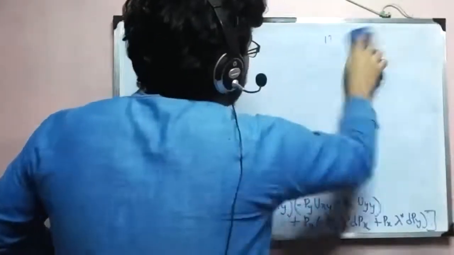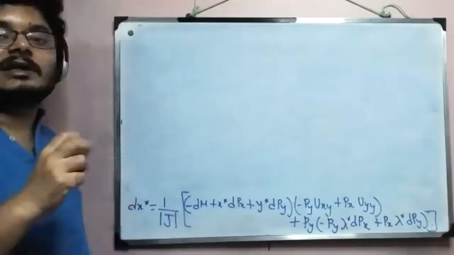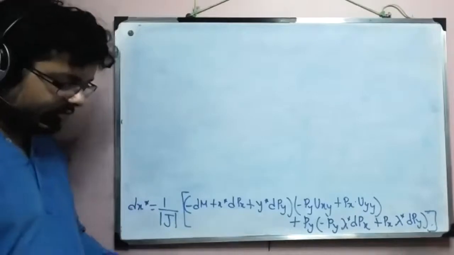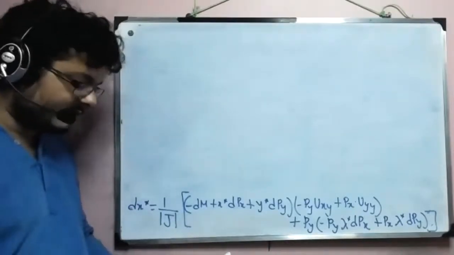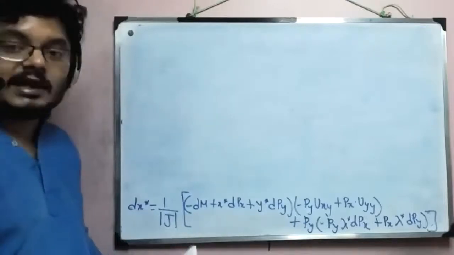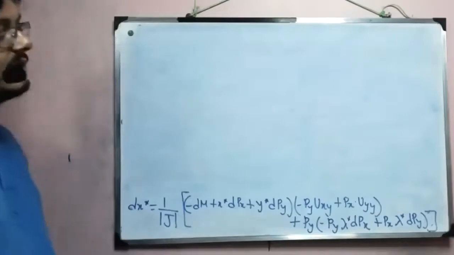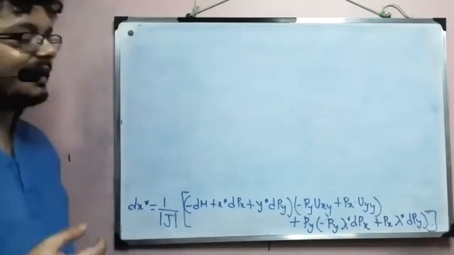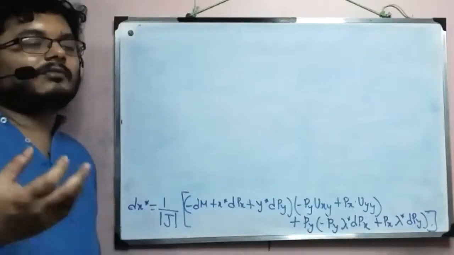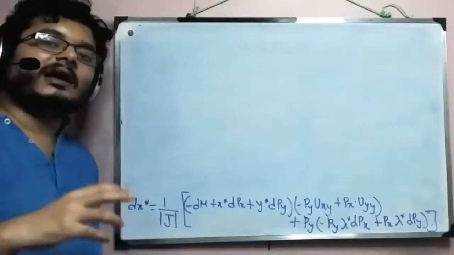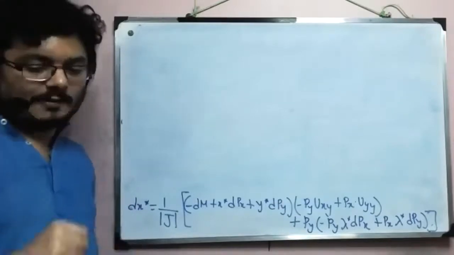We'll derive the expression for income effect, then the expression for substitution effect, and then we will proceed to the price effect, and in the end we will show that the expression for price effect is just the sum of the expressions of income effect and substitution effect that we derived earlier.